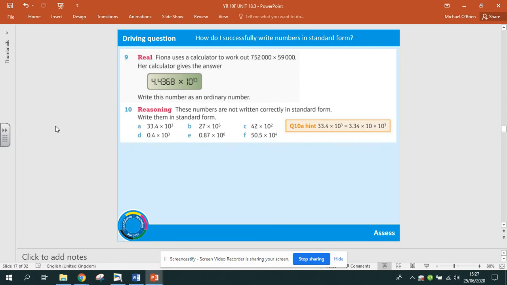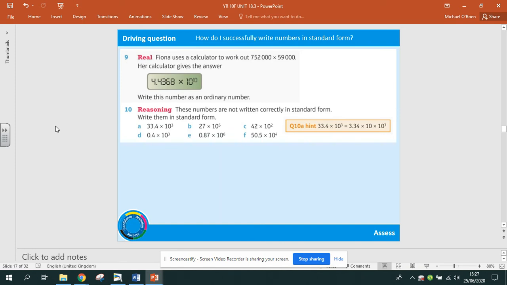Now, if I've multiplied it by 10 to the third to get it to 33.4, or if I have to multiply it by 10 to the third to get it back to its original number, I have to multiply 3.34 by a number that's 10 times bigger, which is why it's written as 10 times 10 to the third. And effectively, when you're multiplying 10 by 10 to the third, you're getting 10 to the fourth.